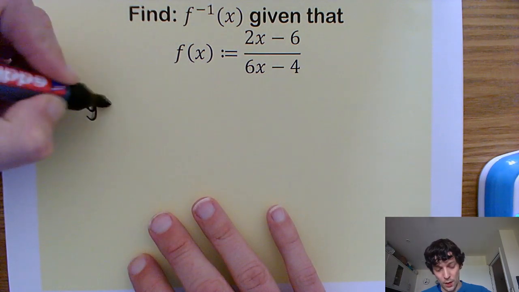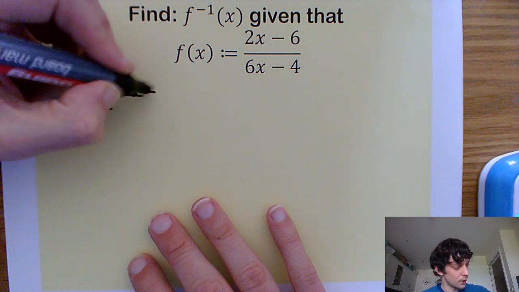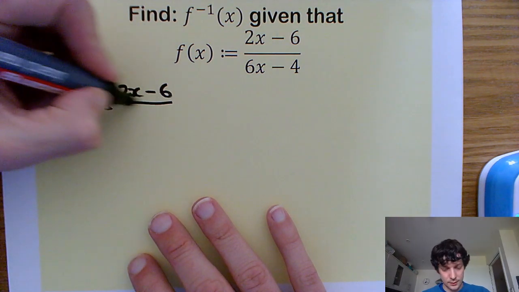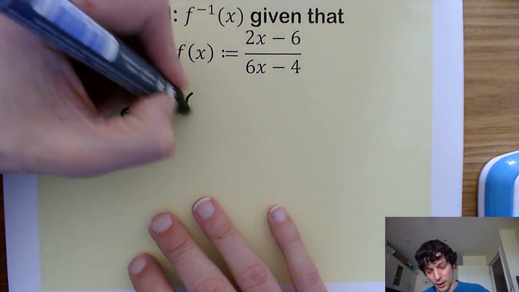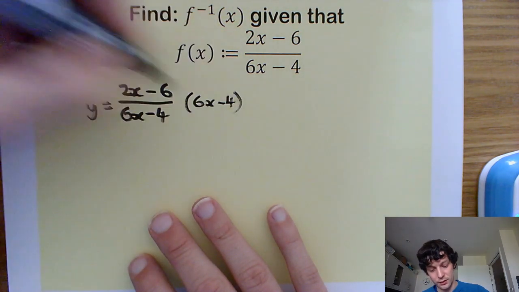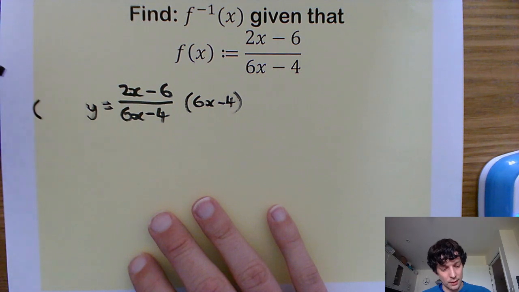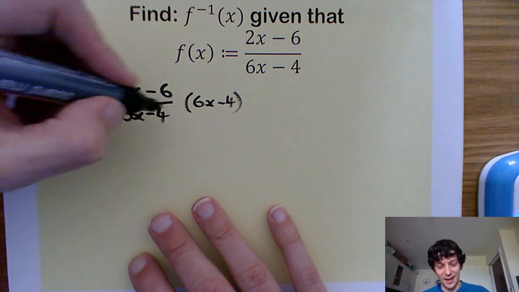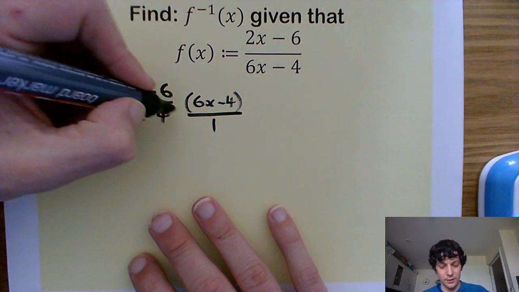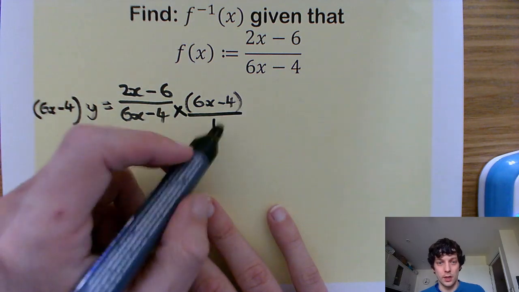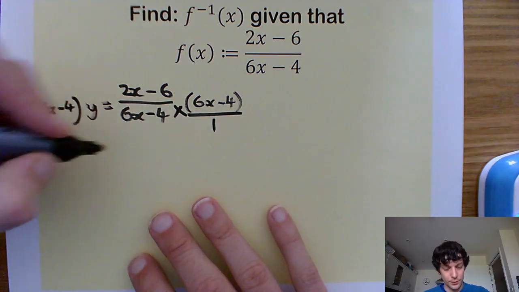Okay, so y is (2x minus 6) over (6x minus 4). I need to multiply both sides by 6x minus 4, hopefully my pen will keep working for the rest of this video, to get rid of this 6x minus 4 from the denominator here. Again, we can think of that as over 1, like we did in the rearranging equations video if it helps.